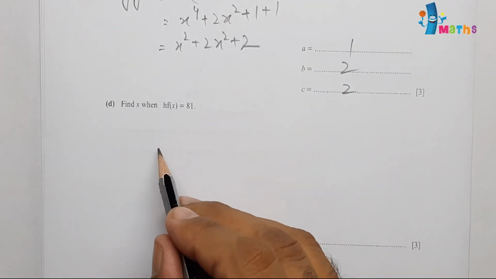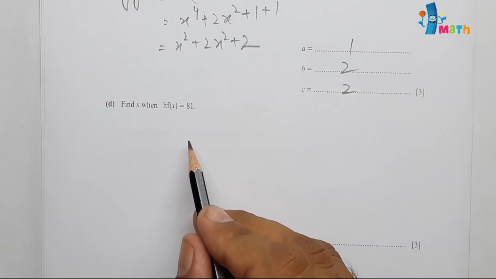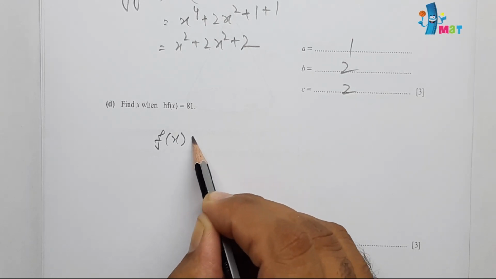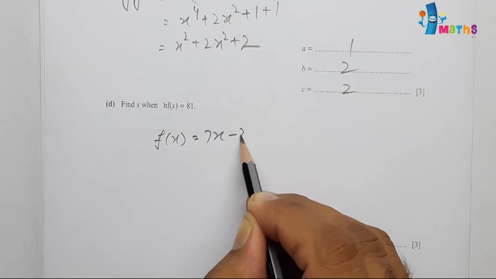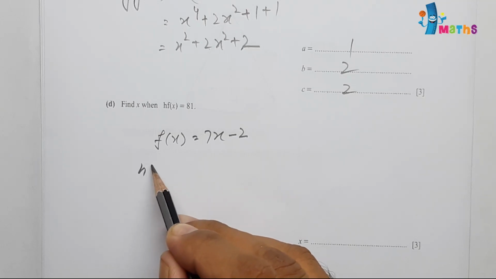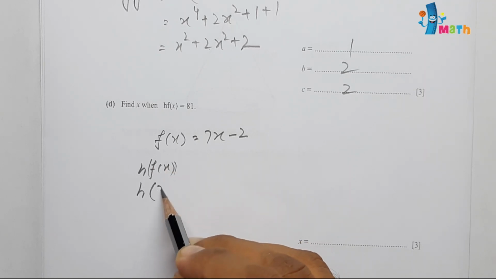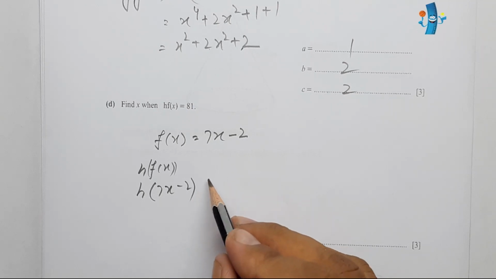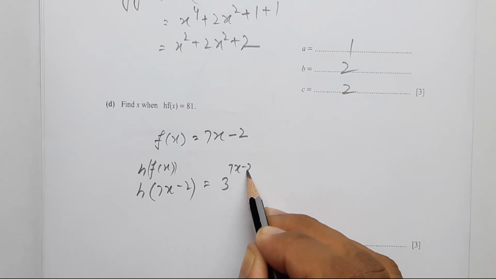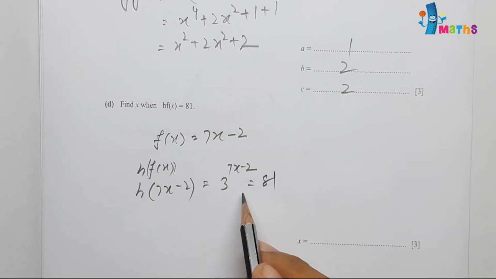Now f of x is given, which is f of x is equal to 7x minus 2, and h f of x means we need to find h of 7x minus 2, which will be equal to 3 raised to the power 7x minus 2. This is given as equal to 81, so we can solve this one.